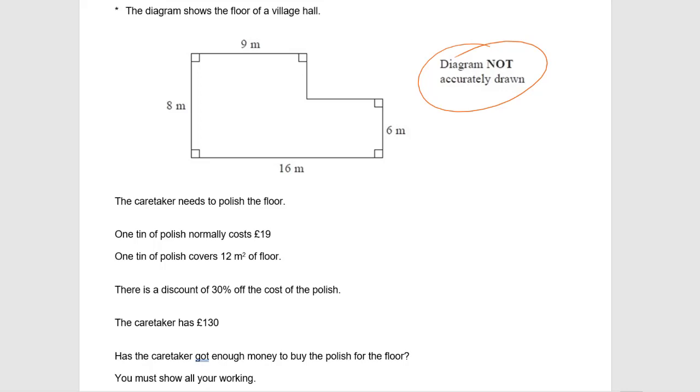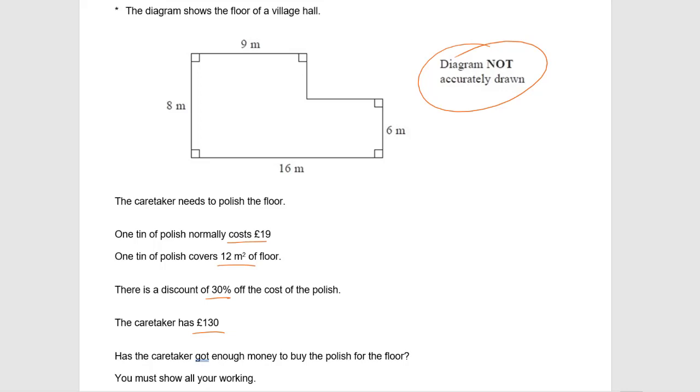Okay, so first of all, let's quickly identify the key numbers, or if there are any key words. So we know cost of polish is £19 and it covers 12 meters squared of the floor. There is a discount of 30% and the caretaker has £130.